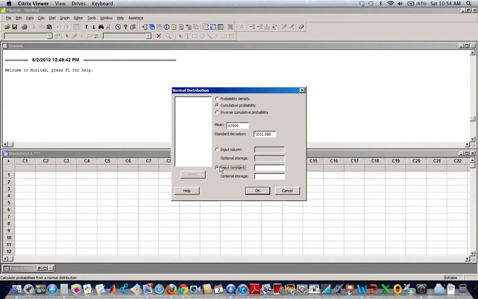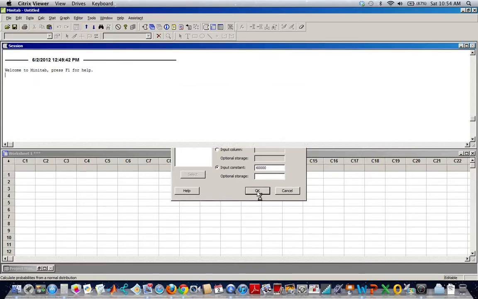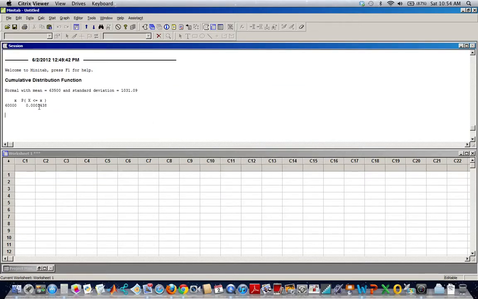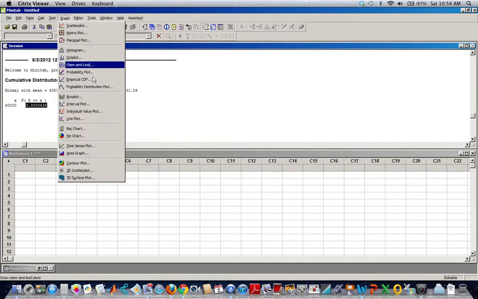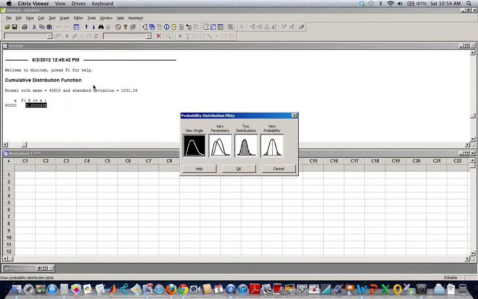Now the input constant, it's not perfectly clear why you would do this, but what it's looking for is the value that you're testing against, which was 60,000. That's what we're looking at. And so click OK, and we get right here an incredibly small probability of 3/10,000ths and some change.